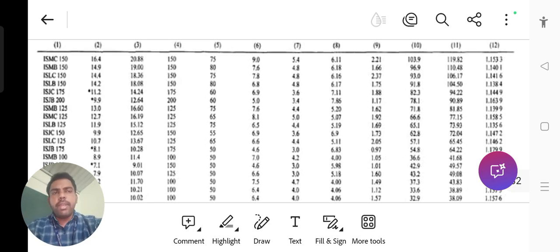So by using these tables, I have to find the bending moment of that particular section, and determine the section modulus and design of that particular beam. Thank you students.